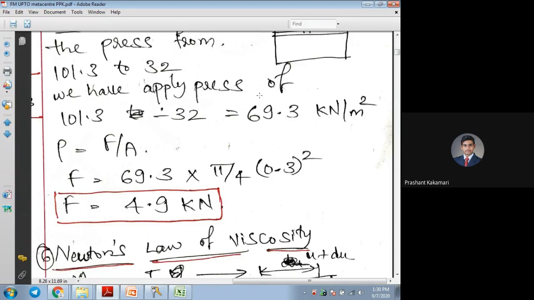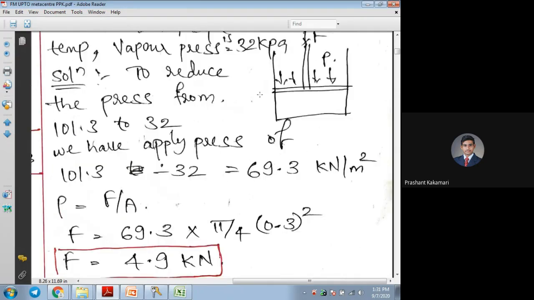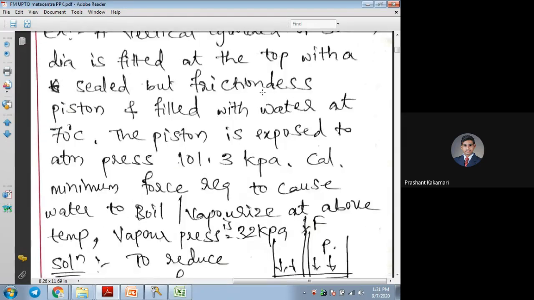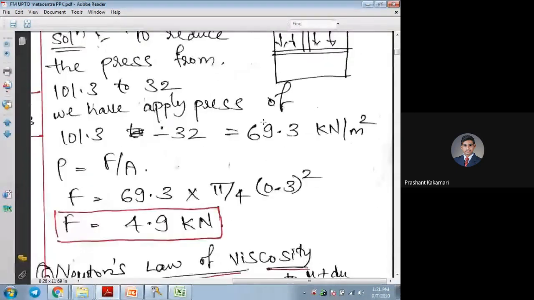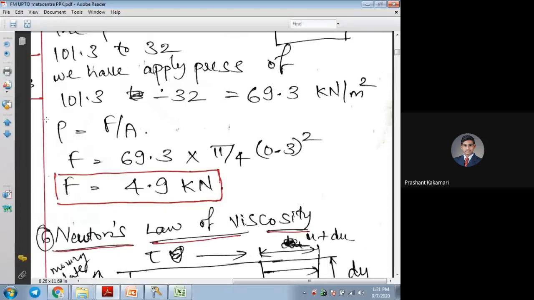So we know pressure 69.3 kilonewton per meter square into the area of the circular surface. Whenever a circle comes, we can write the area as pi by 4 d square. Diameter should be in meters. In the problem, 300 mm is given, so write it as 0.3 meter squared. So force you can find out is around 5 kilonewtons, or 4.9 kilonewtons, required to lift the piston.